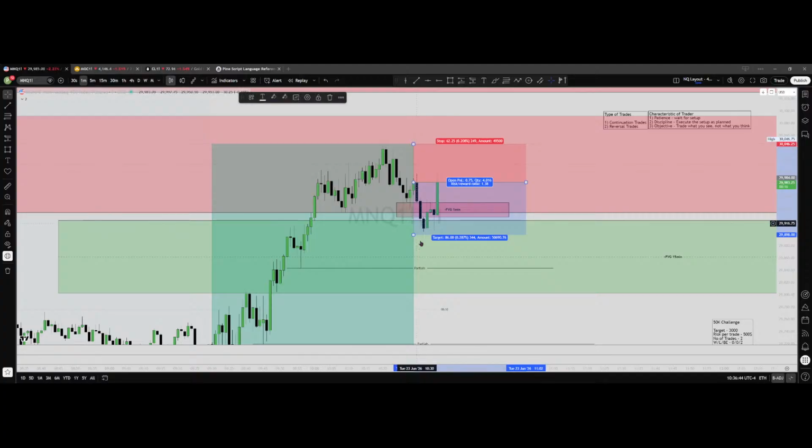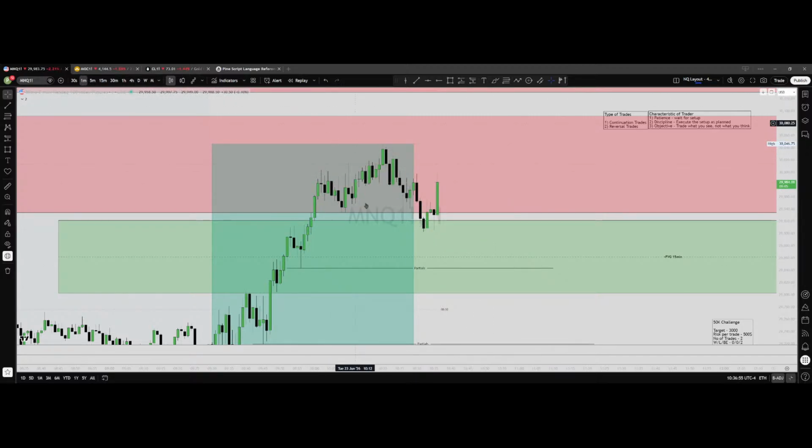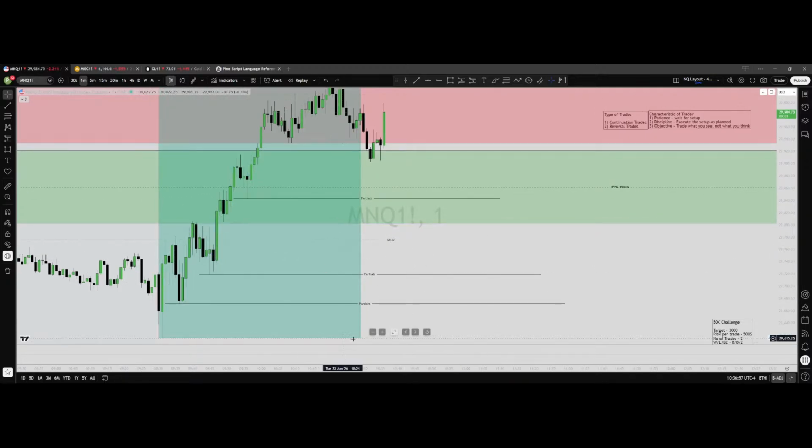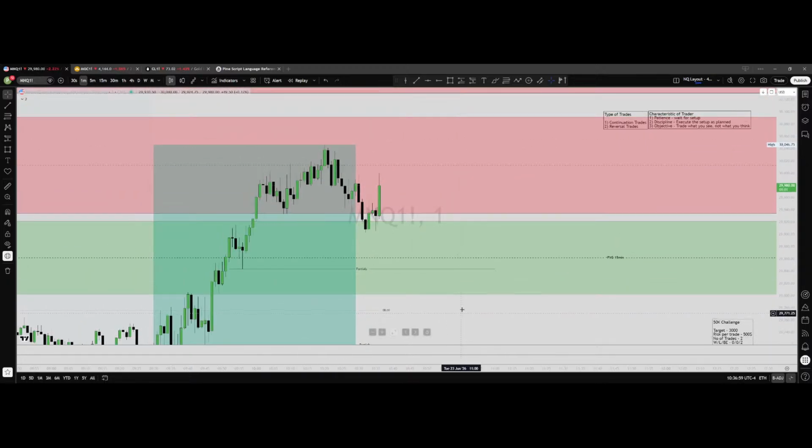63 points of stop, and at a time we had 80 points of profit running. It works, it works. If it would have worked, it could have been all the way down till here.